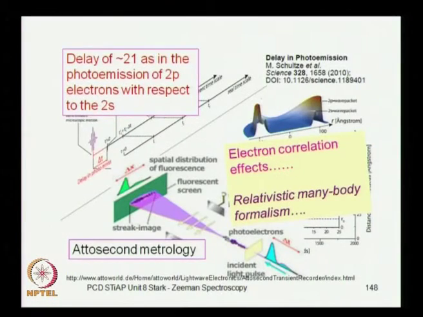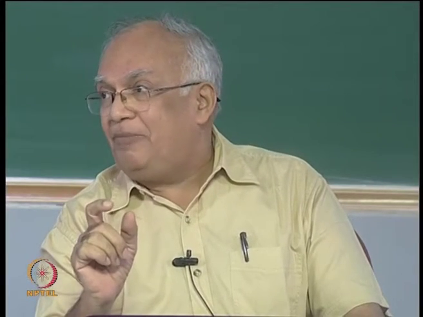There is a little delay in the 2p electrons compared to the 2s, of the order of 20-21 attoseconds with a certain degree of accuracy. It is not exactly 21 attoseconds. With their instrumental accuracy they are able to measure within plus or minus 5 attoseconds or so, but these are extremely high precision measurements, which is really amazing.